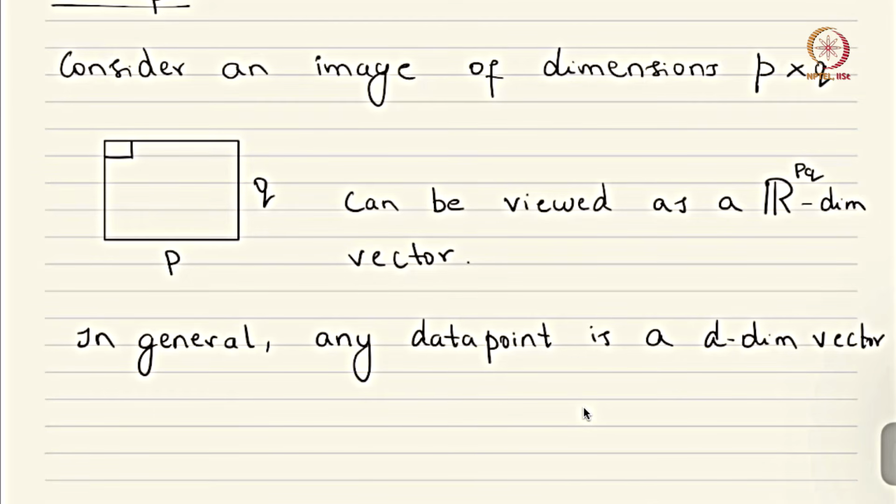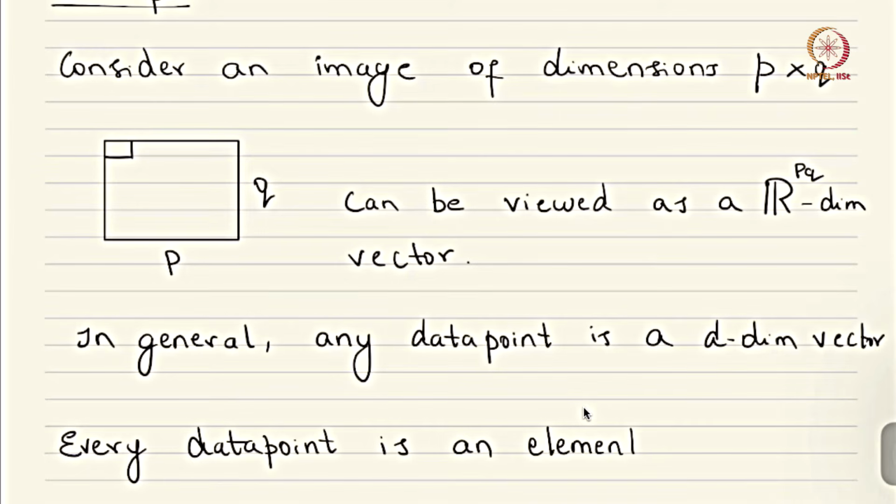So every image or every data point is an element in the range set or range space of a random variable.